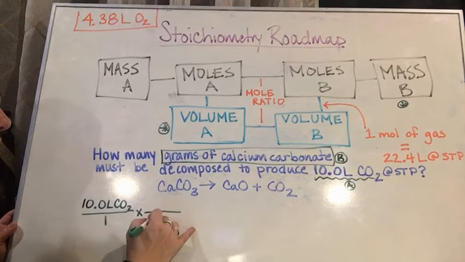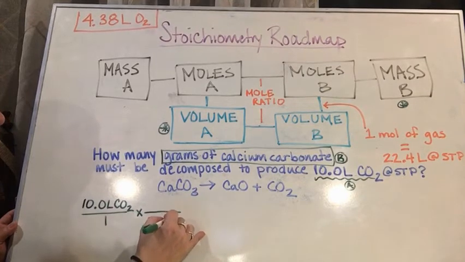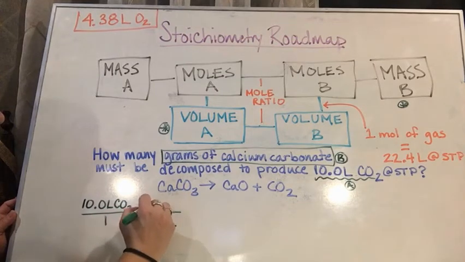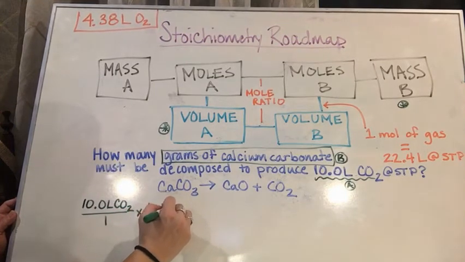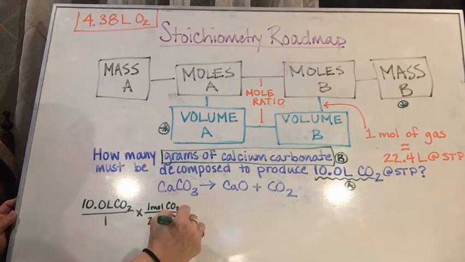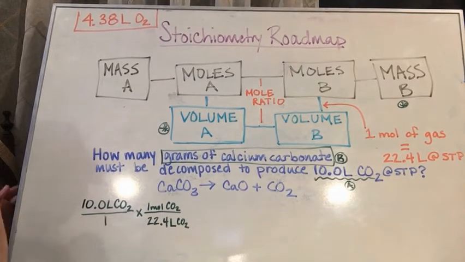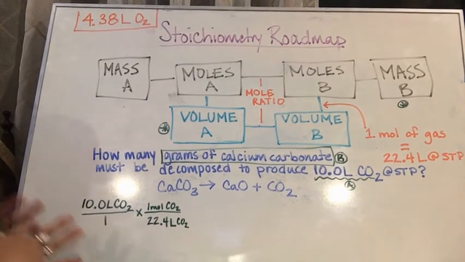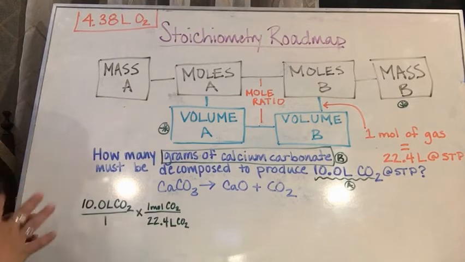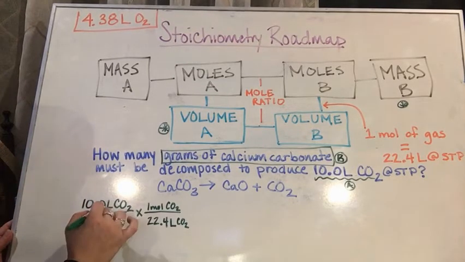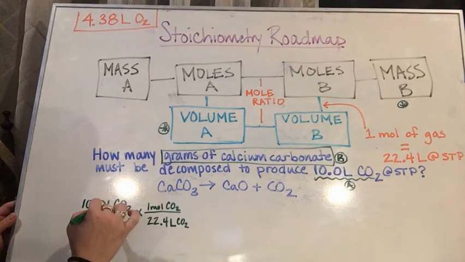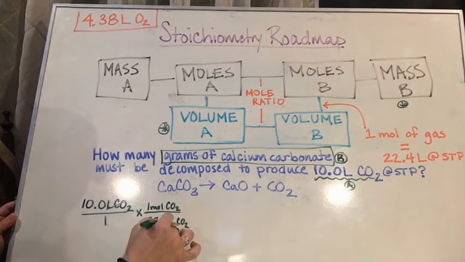That means 22.4 liters is going to go on the bottom of our fraction here, and 1 mole is going to go on top. And I'm going to include CO2 after both of these values because now we're using 2 different substances, and so it's really important so we don't get confused to make sure all of our units and everything matches up correctly. That way, if we aren't sure what the unit should be, we know what's going to cancel out. So liters of CO2 will cancel out here.